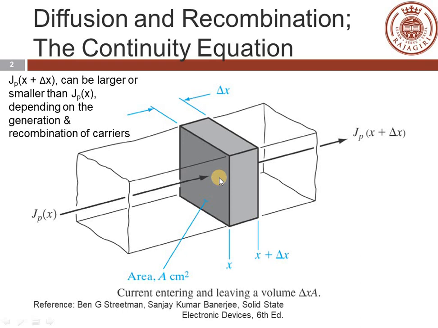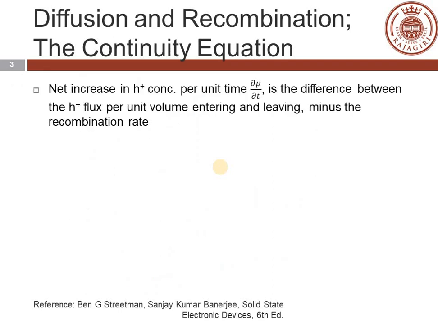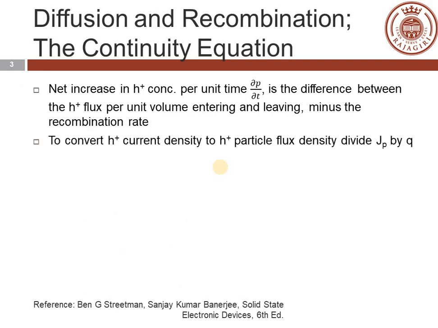Here, the net increase in hole concentration per unit time, that is dou p by dou t, inside this particular selected volume, is the difference between the hole flux per unit volume entering and leaving, minus the recombination rate. In the last session, you have seen the equation for current density, which is current per unit area.